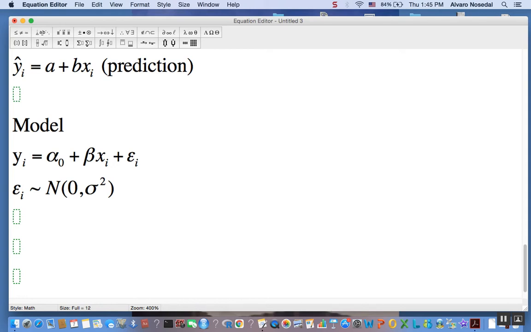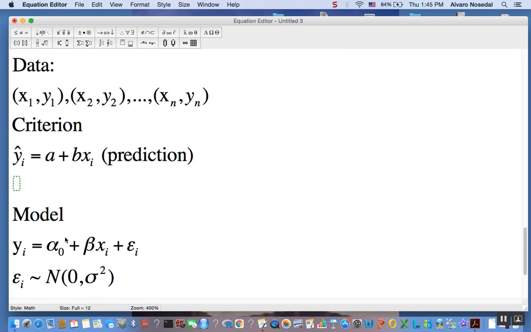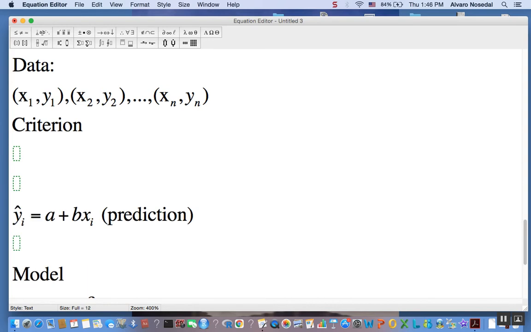Okay, so we have a model for our observations. We know what our prediction is going to be, and the criterion is going to be this, right? We have our observations.